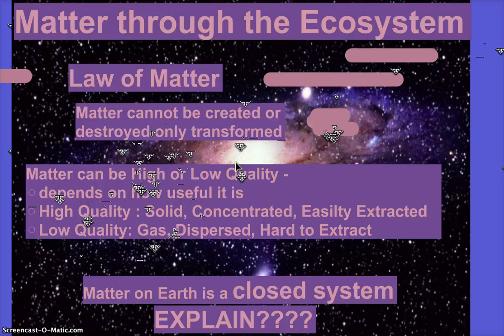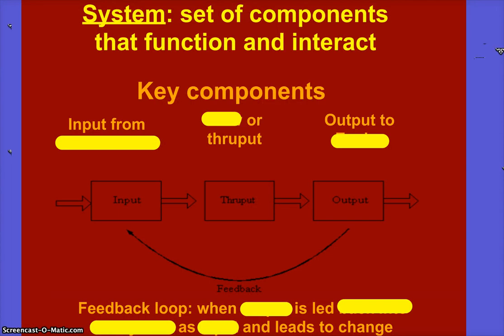Inside those parts, you have a lot of other parts, right? And then living things. So matter is going to travel through all parts of Earth, or most parts of Earth, and living things. And we're going to learn about that, okay? When matter or energy transfers or flows or cycles or whatever is going on, you have some starting point and some end point.